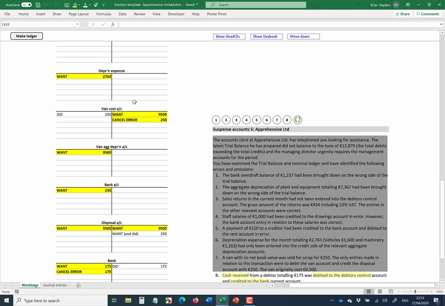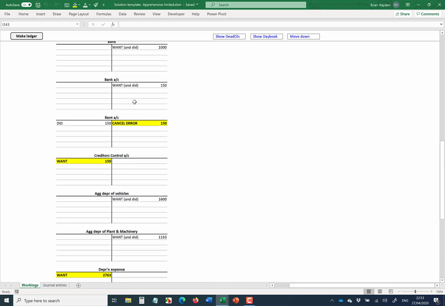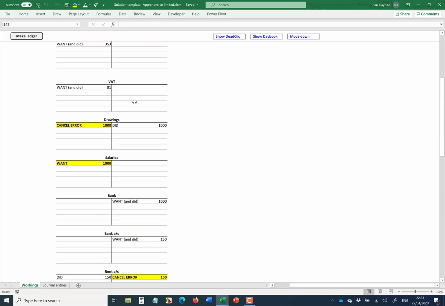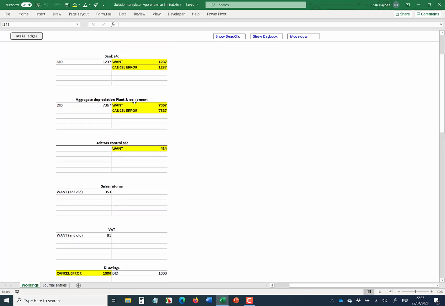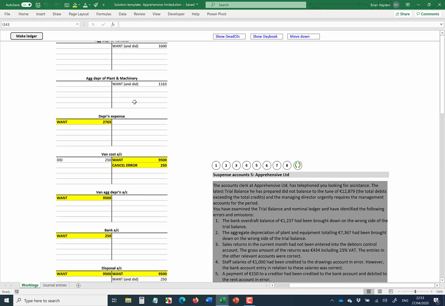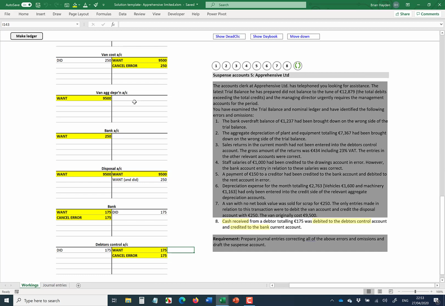This is just really to help clarify in your own mind what needs to be done. Because as you should be seeing, these questions can be quite challenging to work your way through. I find this idea of doing out the ledger accounts can be helpful, but unfortunately it doesn't directly gain you any marks. Where the marks are gained is on the next page, which is the journal entries.